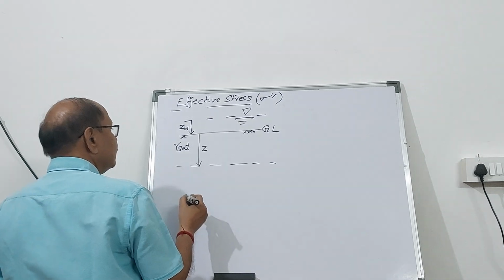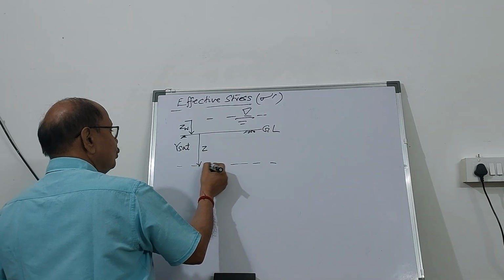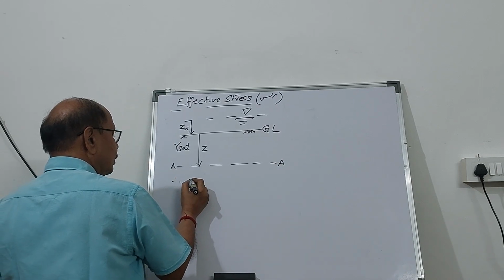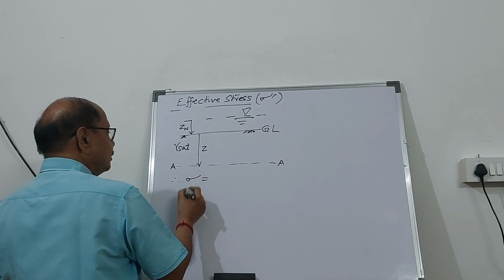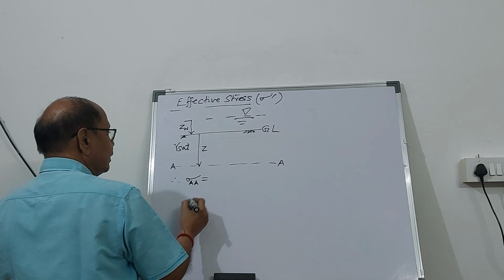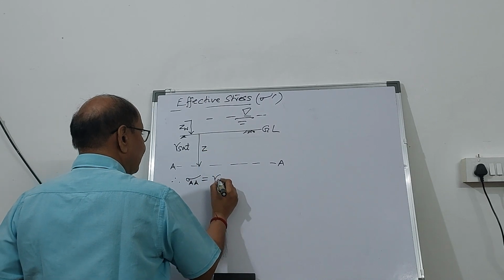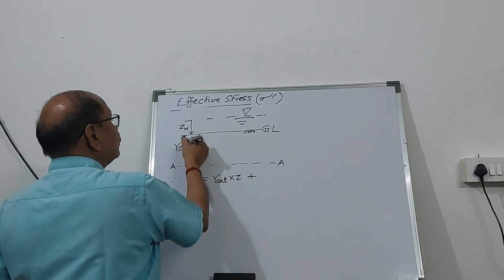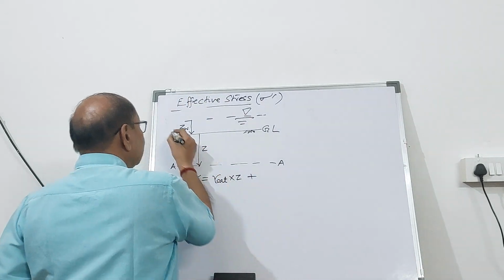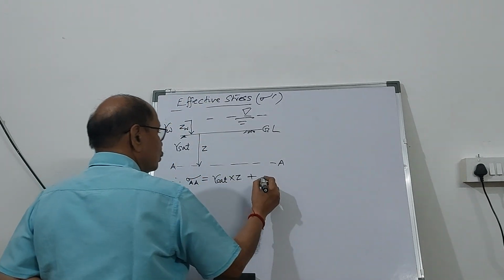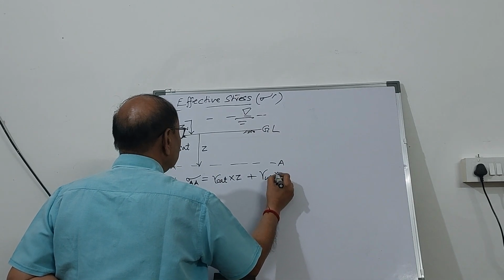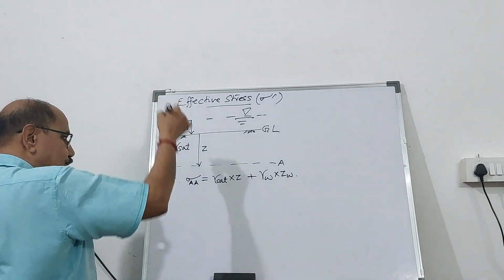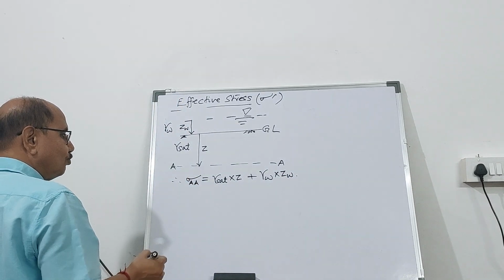And therefore it is Z plus ZW with respect to A. So therefore total stress sigma at A will be gamma sat into Z plus. Now because the water level has gone up, its unit weight is gamma W. So it is going to be gamma W into ZW, and additional pressure due to the weight of water.